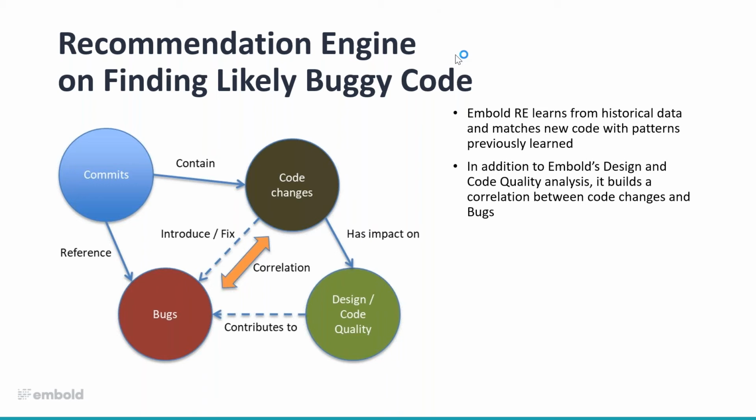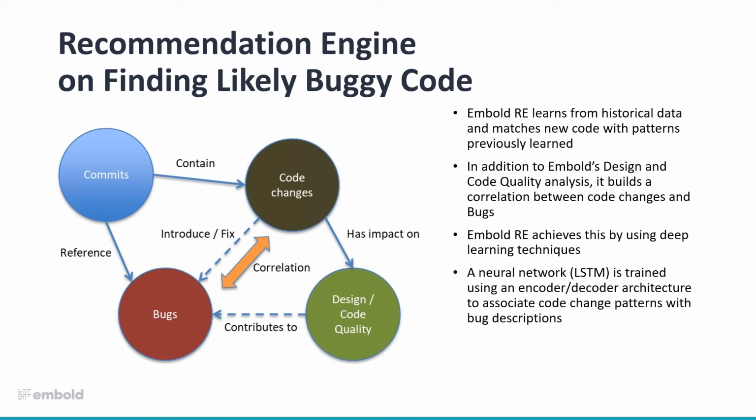Our product EMBOL has this kind of recommendation engine. We try to learn from previous patterns and give recommendations on which code, or which part of the code, has a likelihood of having a bug in the future.